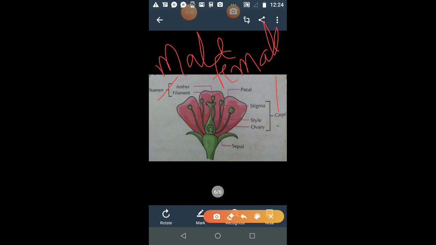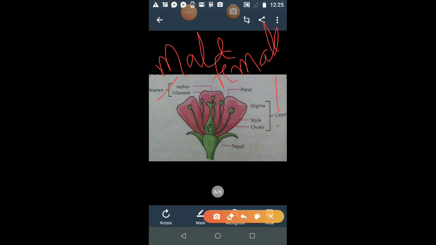Take a rough copy, draw a plant, and on the same plant draw many flowers. Or you can draw a hibiscus plant, which is already shown in the picture.